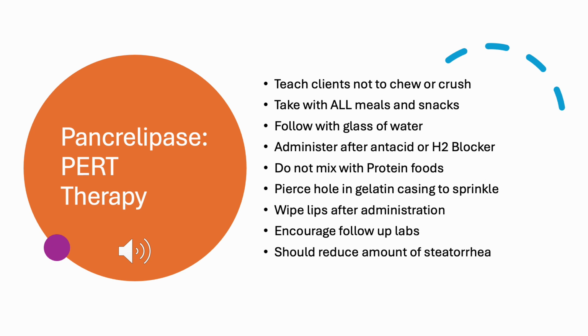You don't want to sprinkle on protein-containing foods. Wipe the lips after because the enzymes are going to cause skin irritation. And then instruct the patient to follow up on labs because it may increase the uric acid in the body. And to evaluate the effectiveness, look for a decrease in the amount of steatorrhea.